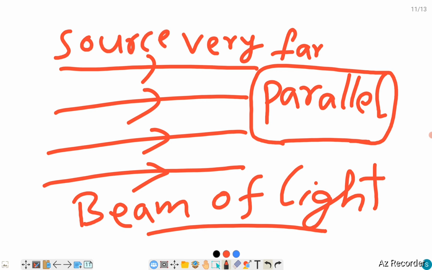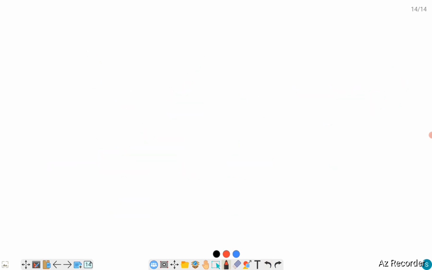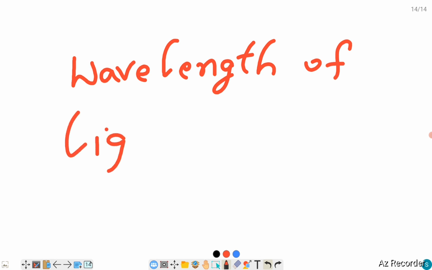Okay, now let's see the wavelength of light. Just remember, this is an extra point. Wavelength of light, it is visible light, correct?